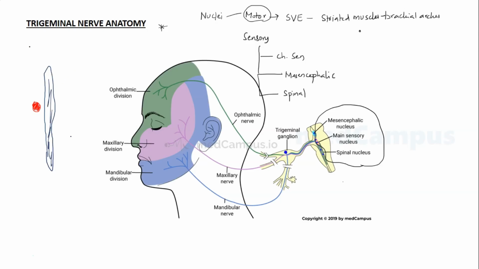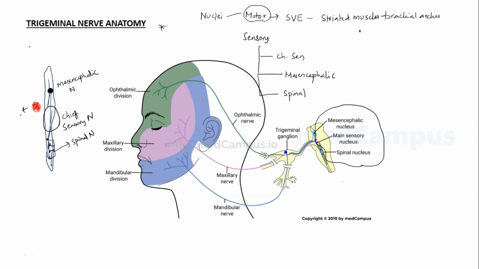Within this sensory column, we have three entities. In black, this is the mesencephalic nucleus, and the next, a bigger one, is the chief sensory nucleus, and we have a smaller one again, with many nuclei forming the spinal nucleus part. This is the spinal nucleus.